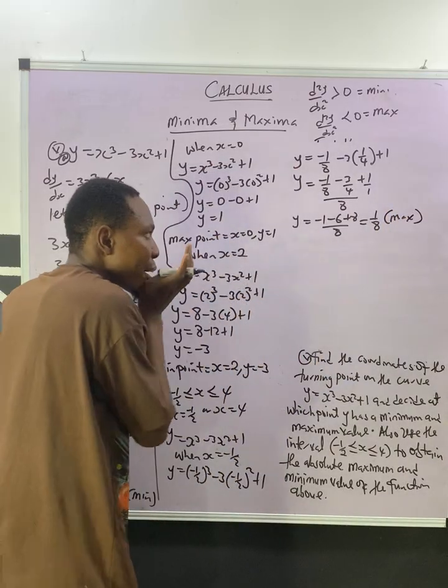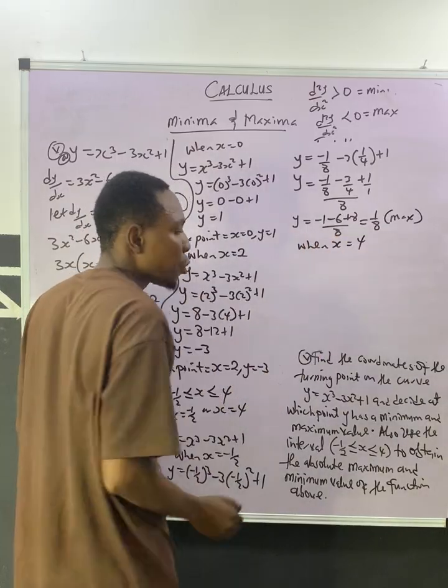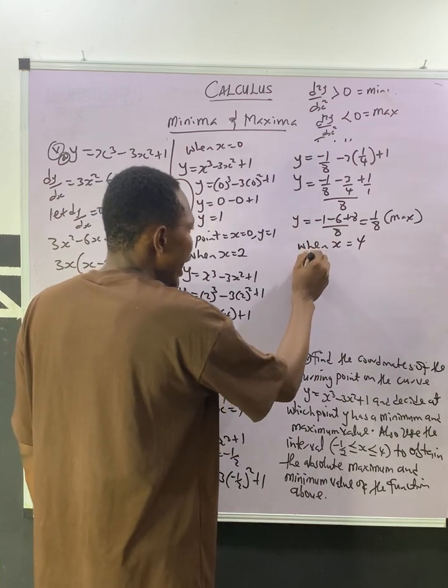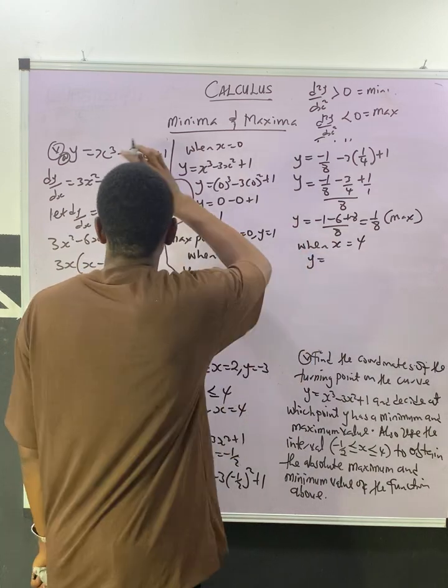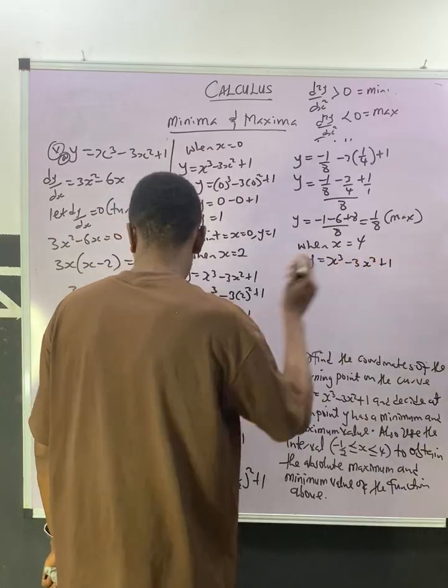So the next one now is that when s was equals to 4, remember we are giving our y to be s cube minus 3s squared plus 1.